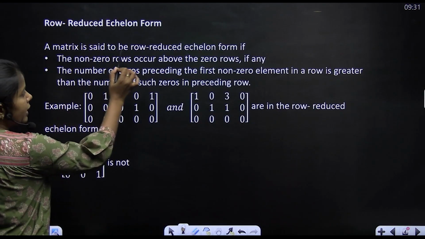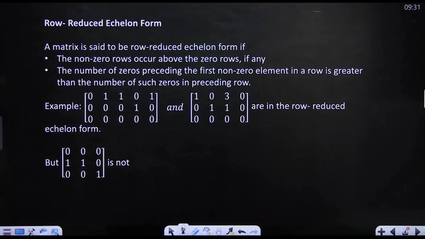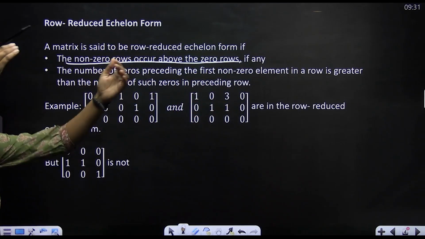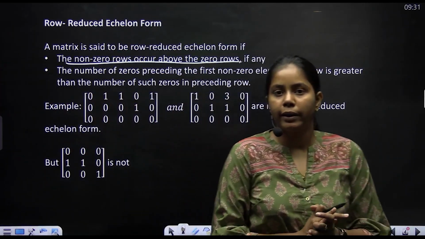What it says is, a matrix is said to be in row reduced echelon form if non-zero rows occur above the zero rows. That means all the zero rows lie at the bottom of the matrix.